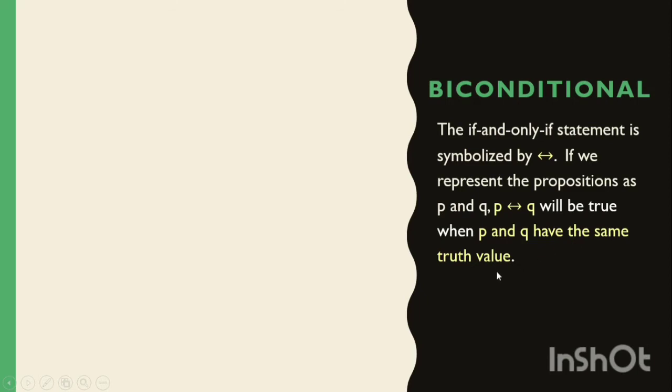In other words, the biconditional for P and Q will only be true if P and Q have the same truth value. That happens when P and Q are both true, or P and Q are both false.